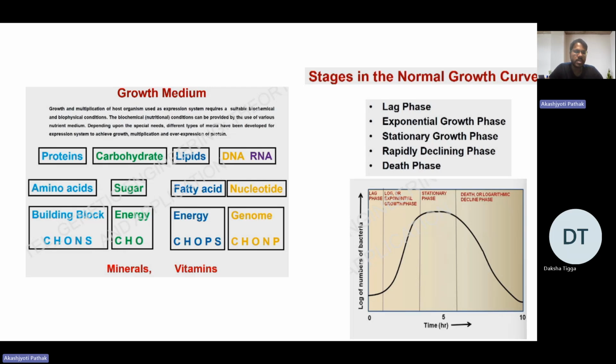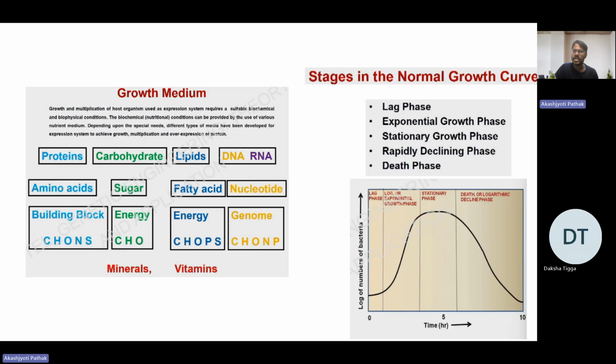These are the building blocks: CHONS, carbon, hydrogen, oxygen, nitrogen, sulfur. For energy, you require carbon, hydrogen, oxygen. So when you are growing bacteria in a media, your culture media should have all these essential components: protein, amino acids, carbohydrates, lipids.